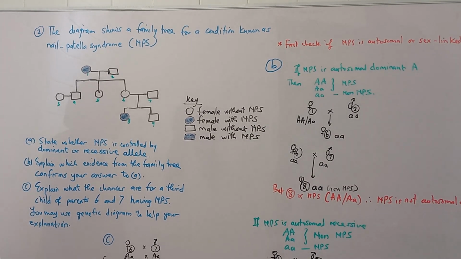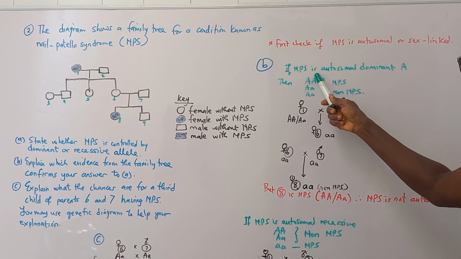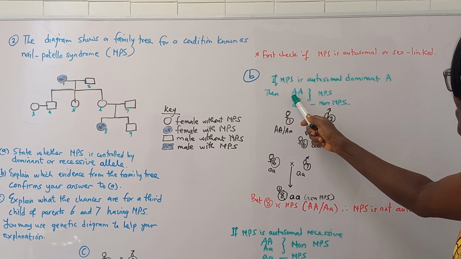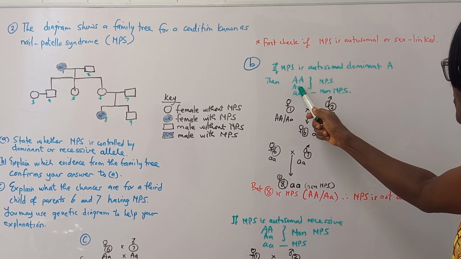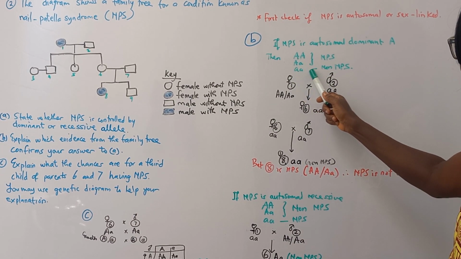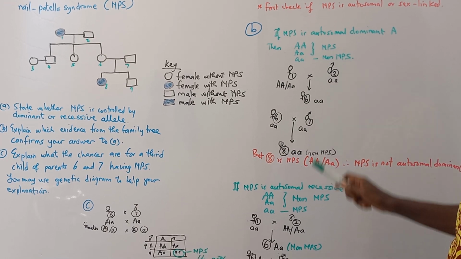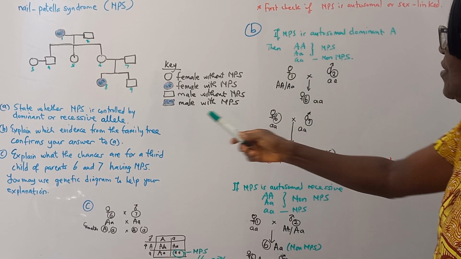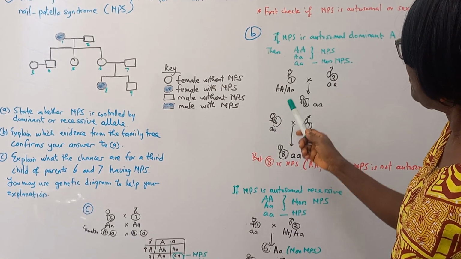So our argument starts like this. If NPS is autosomal dominant A, then individuals big A, small a are all NPS, and small a are non-NPS. It therefore means that individual 1 is NPS.